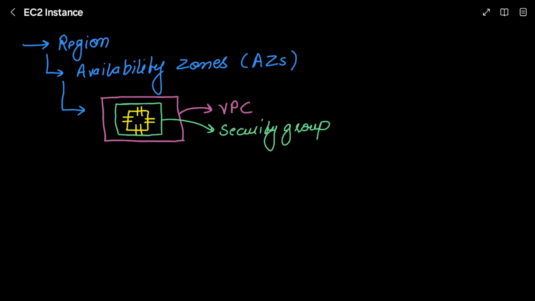But just for the sake of understanding, whenever you spin up an EC2 instance, there is a default security group allotted to your account, which it uses. So let me add a few pointers for security groups over here.